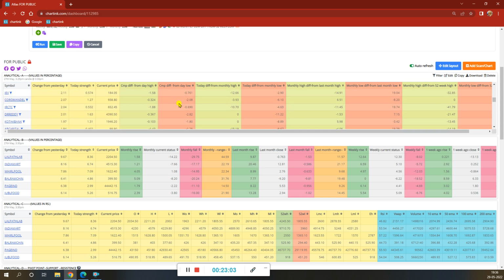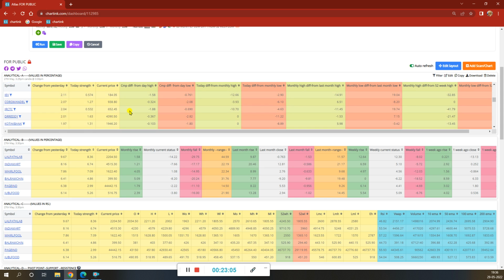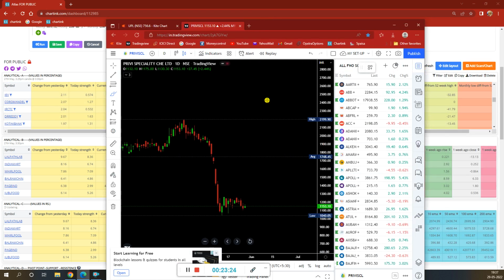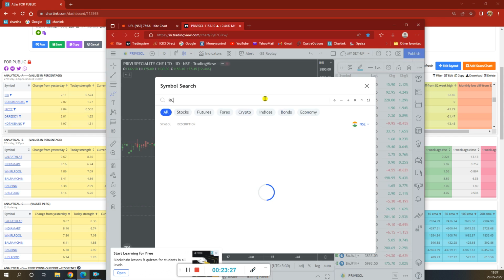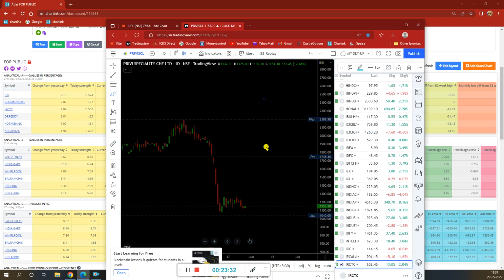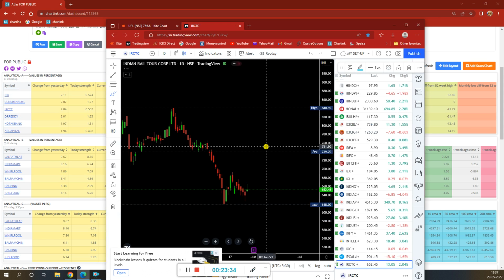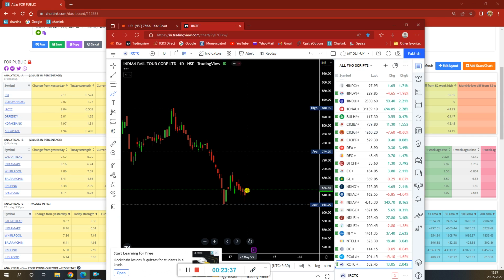Similarly, if we see any lesser number, look at this, IRCTC, which is just 0.69% far from the intraday low, which means it is sitting at the intraday low. Look at this, IRCTC. Where is IRCTC? Look at this.